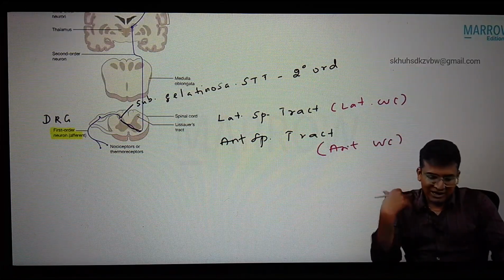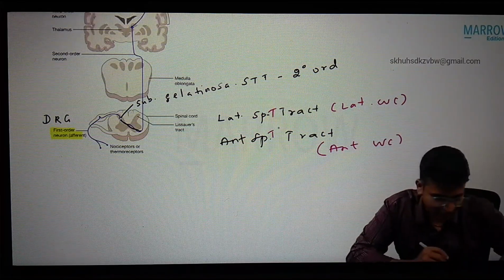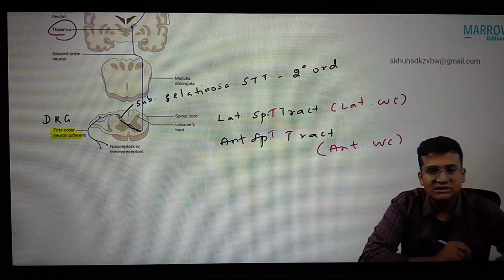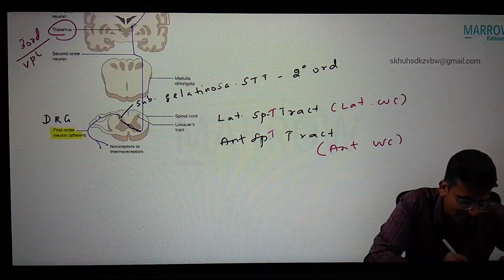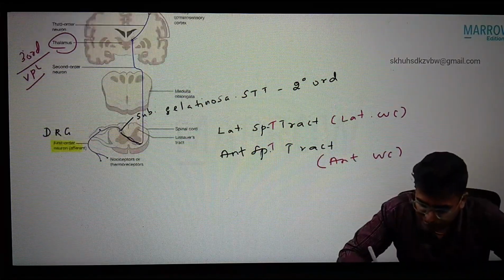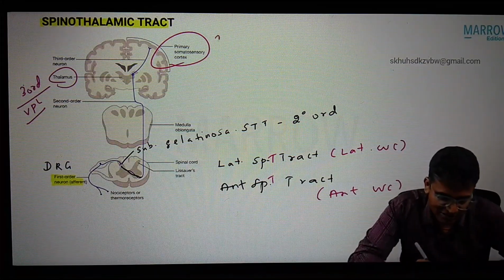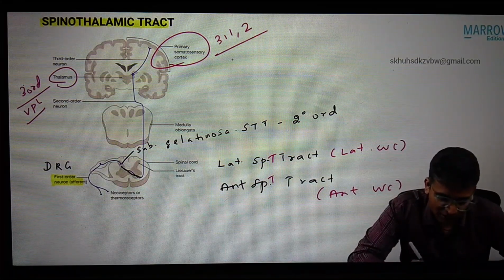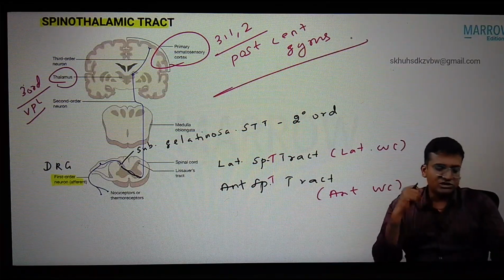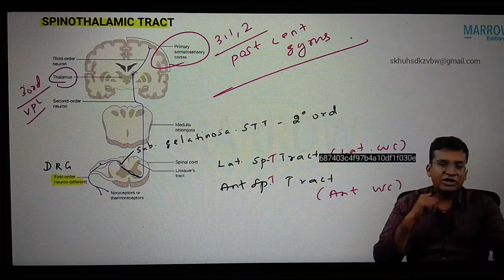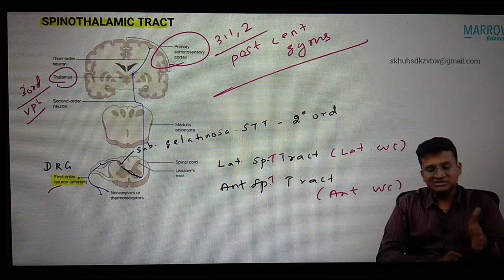They go to the thalamus. In the thalamus we have the third order neuron, in the VPL nucleus. Fibers from the thalamus in turn give fibers to the primary sensory cortex, areas 3, 1, 2, the postcentral gyrus. This is the spinothalamic tract. So the first order neuron is in the dorsal root ganglion, and fibers from the first order neuron come to substantia gelatinosa.